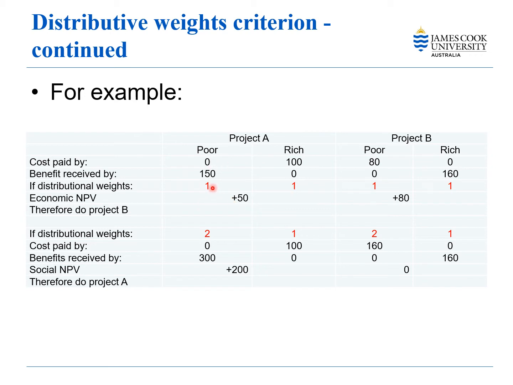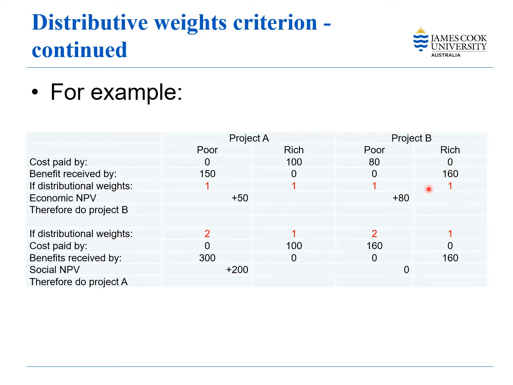Then add up 1 times 150 plus 1 times negative 100, we get 50. Similarly, for project B, the poor pays $80 and gains nothing. The rich pays nothing but benefits $160.